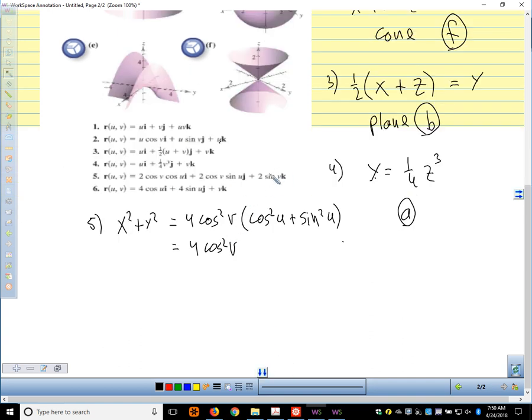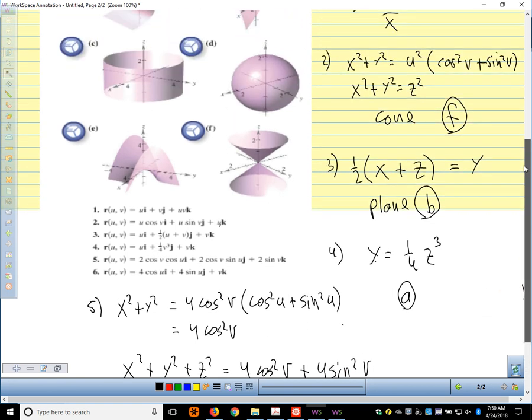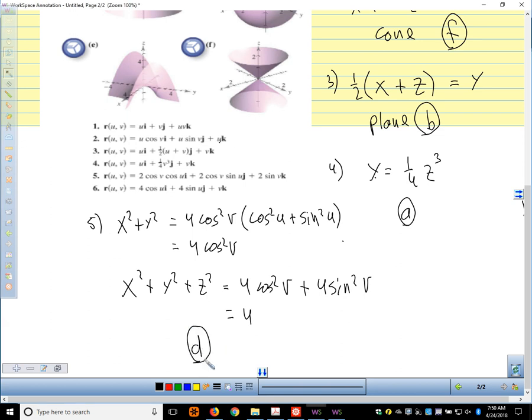Well, how are we going to relate that to the z component? x squared plus y squared plus z squared equals 4 cosine squared v plus 4 sine squared v equals 4. That's a sphere. So which one's a sphere? D. And this is just a parametric representation of spherical coordinates.